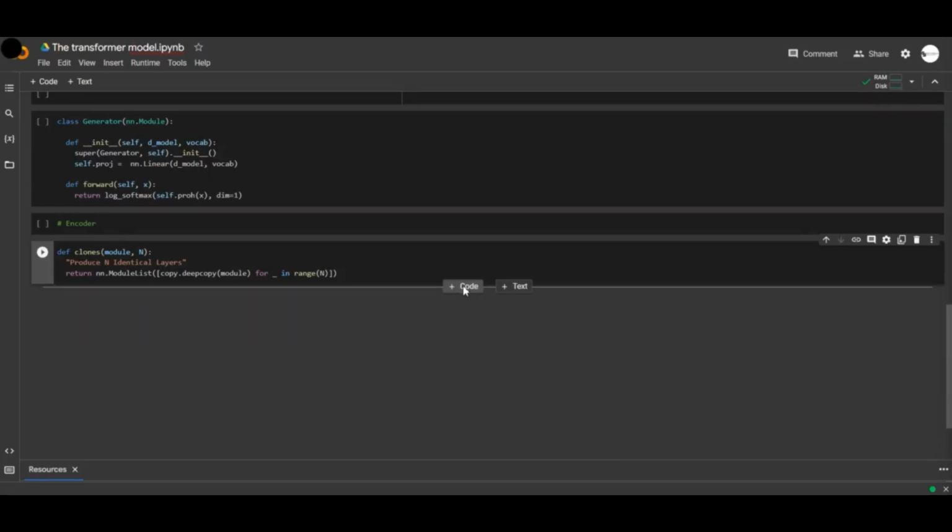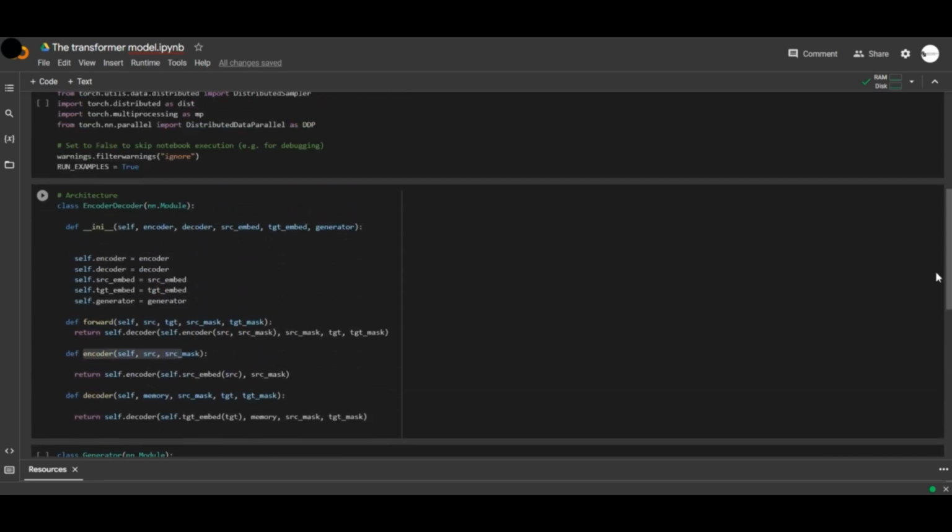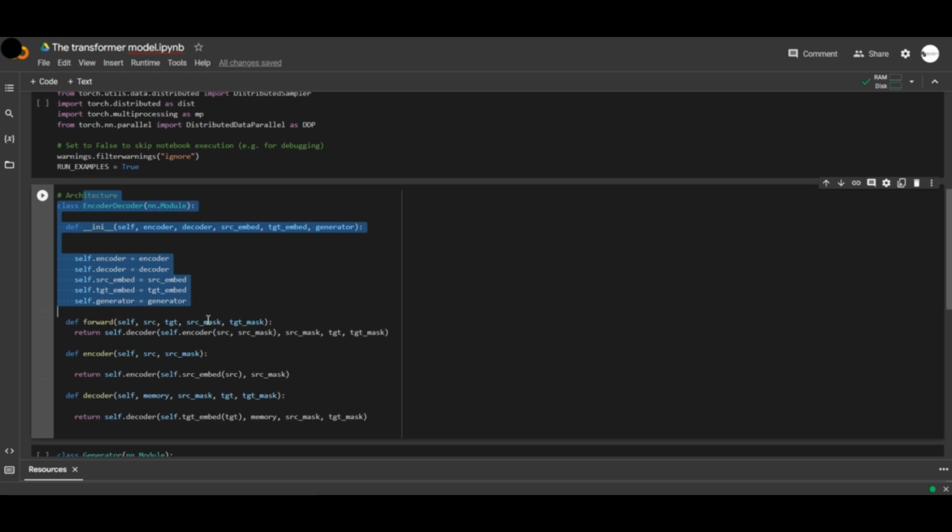So the encoder portion. We're going to have the encoder. Don't confuse these two components with this. You can think of this as a high-level architecture, like the encoder and decoder. So we have to code these components, like the encoder and decoder, and work our way to these.